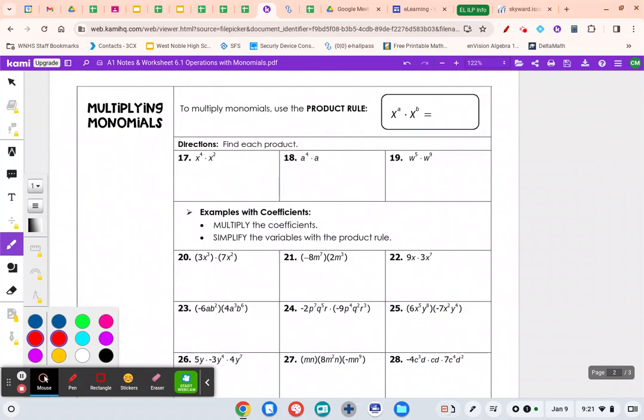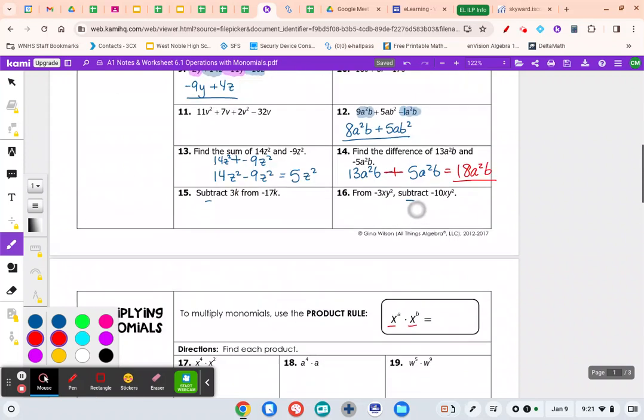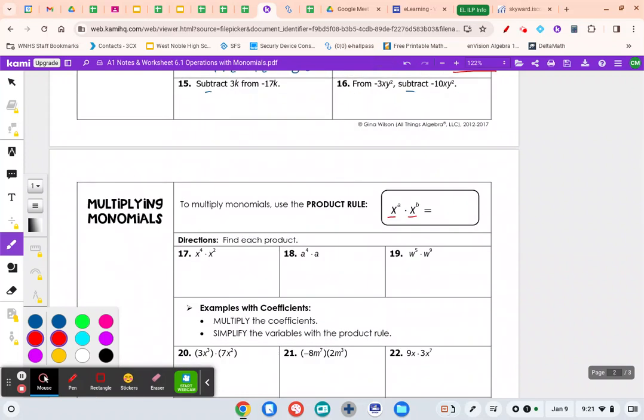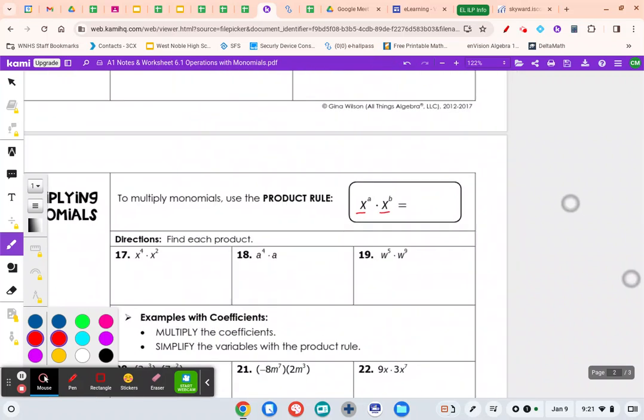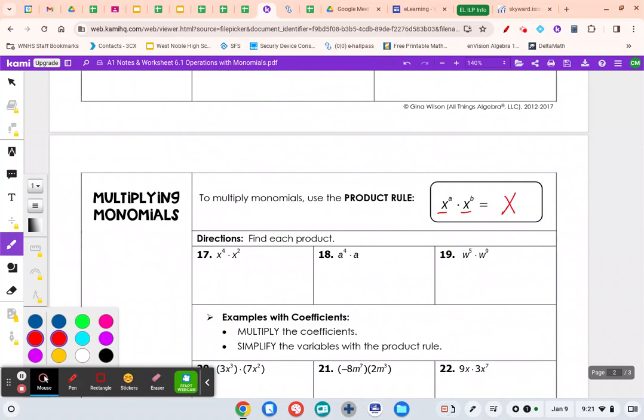So to multiply monomials, you use the product rule, okay? So for the product rule, you have your base, x, okay? And then you have exponents, in this case, a and b. The base has to be the same. So you're going to end up with x, and as long as they're the same, you add the exponents.